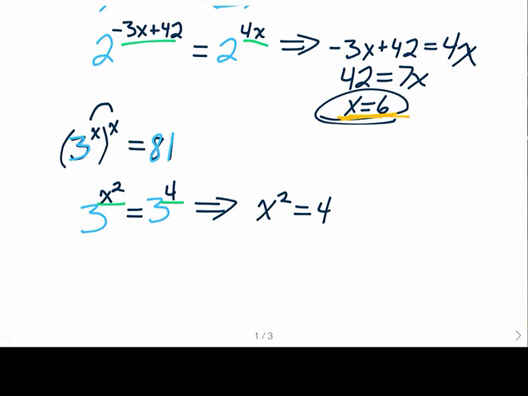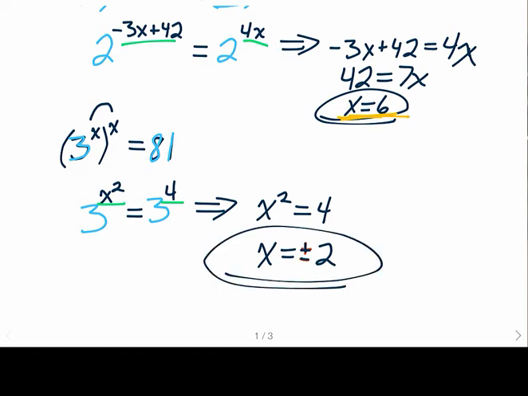If x squared is equal to 4, then x is equal to 2. And remember, whenever we square root both sides of an equation, we have to remember plus or minus. I hesitated there to see if you would remember that. Remember, any number can be an exponent, and so the answers are x equals plus or minus 2.